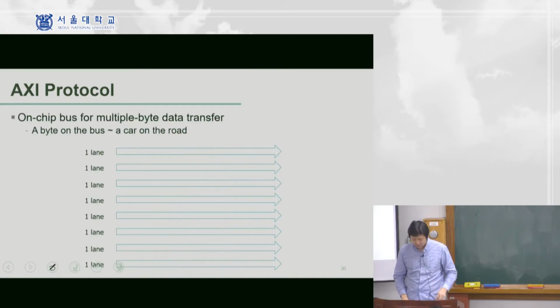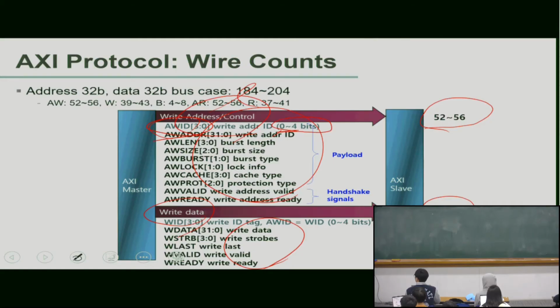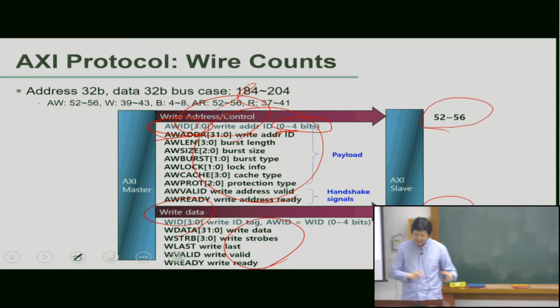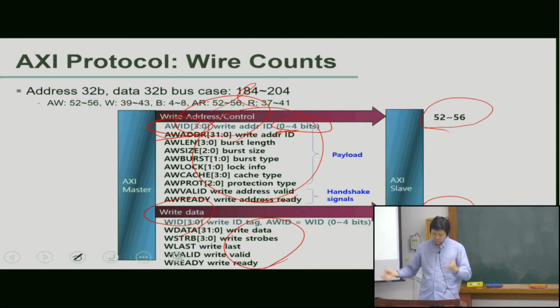Like an ID of the transaction. Then to implement a split transaction, you need to basically use a tag, like an ID. You match a request and reply. So this wire is used for matching between master and slave, the request and response, when you implement a split transaction.